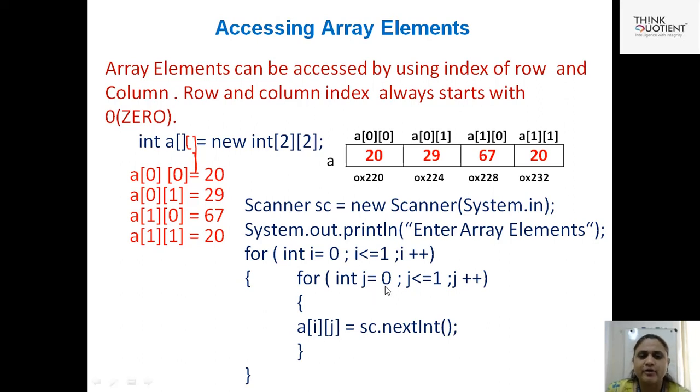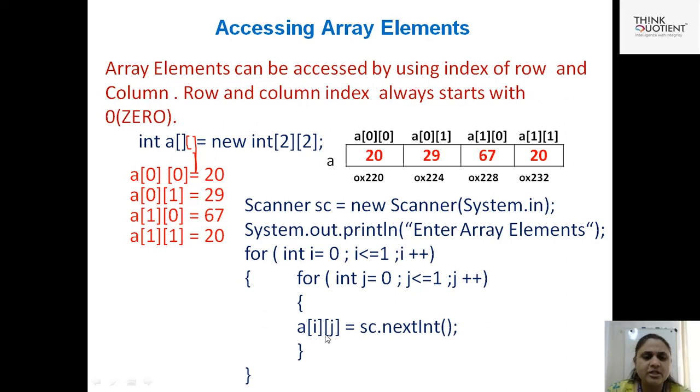It is also running from 0 up to 1, and here we are saying A of ij. A of ij means row number and column number. So i here represents the row index, and j here represents the column index.